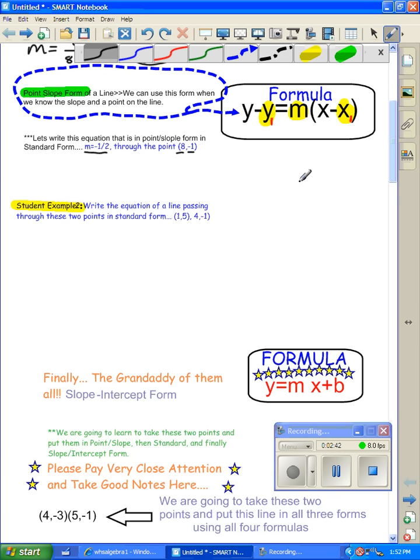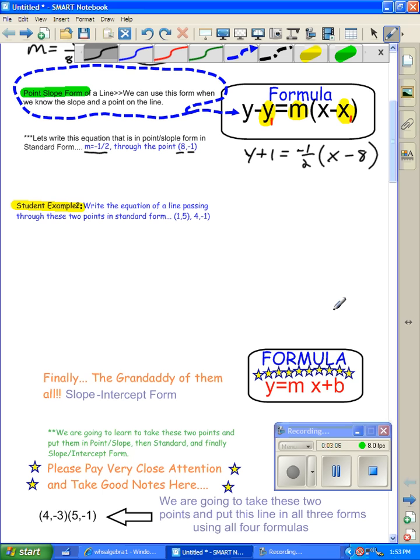And all you do, guys, is just plug them in. y minus y1 is negative 1, so that'll be y plus 1 equals m, that'll be negative 1 half, times x minus x1, which now would be 8.